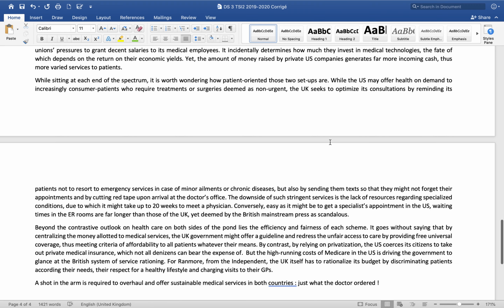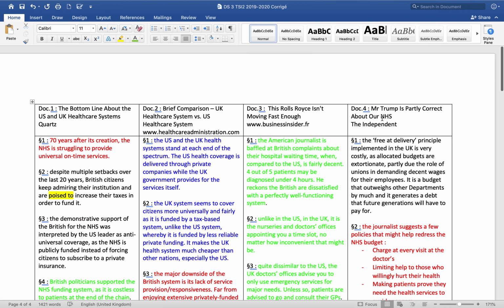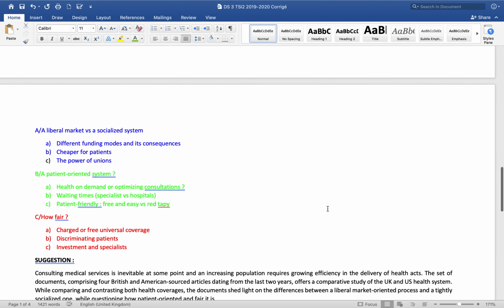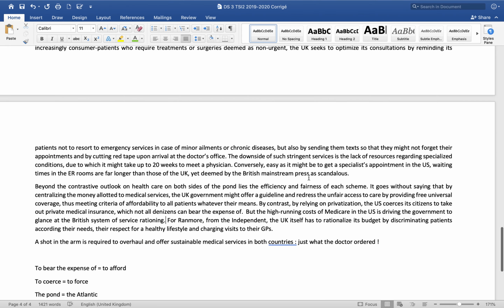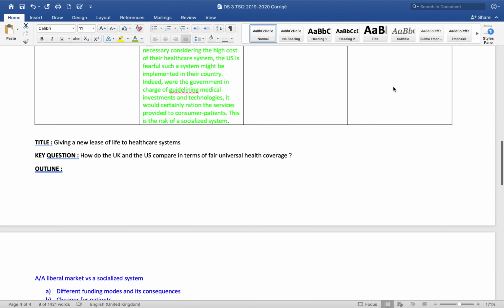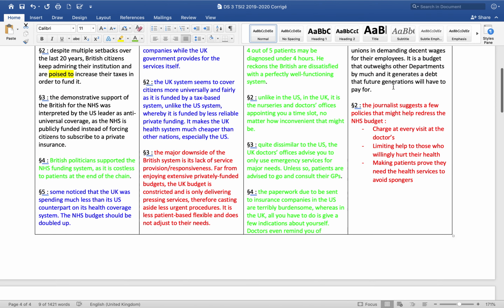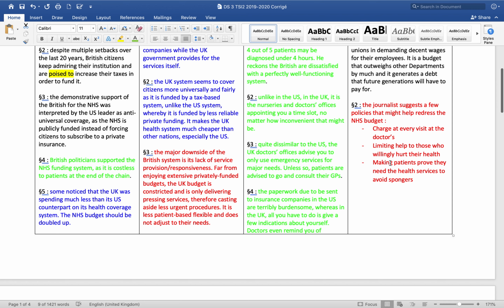For Ranmore from The Independent, so remember that's the journalist here, the last document, the UK itself has to rationalise its budget by discriminating patients according to their needs, their respect for a healthy lifestyle, and charging visits to their GPs. So I have basically rephrased those three parts. Discriminating patients, okay, here.